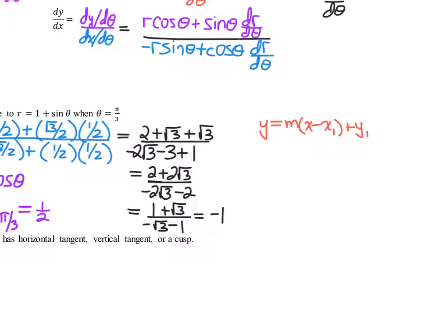Well, we have the m part. The issue that would arise here is that we don't really have anything else, right? So we need an x1 and a y1. So x is equal to r times the cosine of theta.